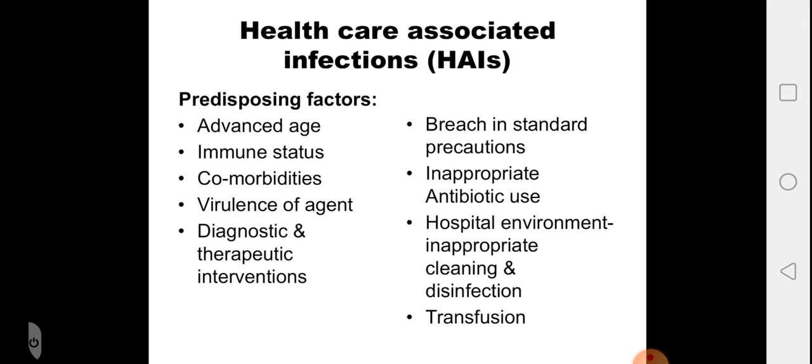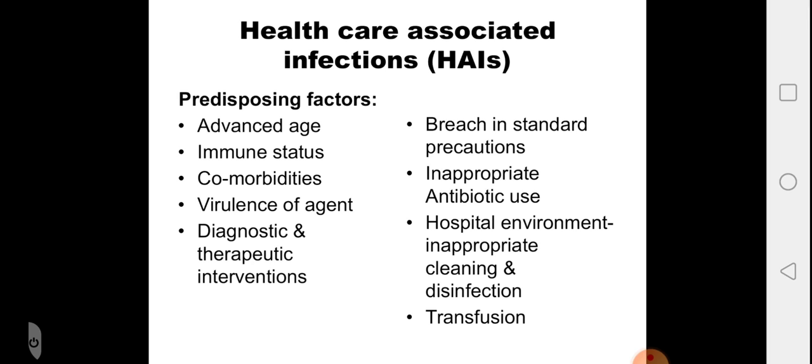Breach in the standard precautions like inappropriate hand hygiene or not wearing the personal protective equipment. Next is inappropriate antibiotic use. What happens when you inappropriately use antibiotic? That is, you use the antibiotic where it's not needed, or you're using a wrong antibiotic.